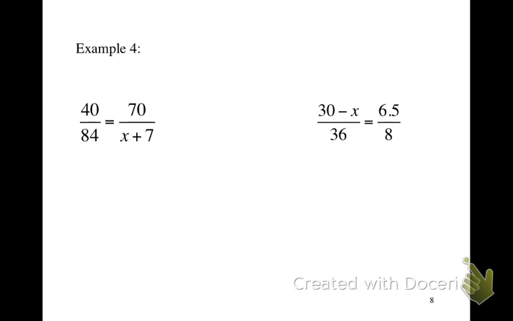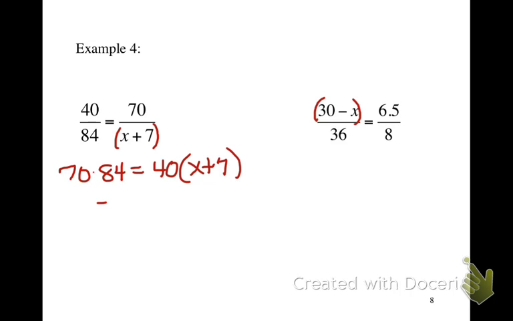Okay, let's just practice using the cross product rule, and in this case you'll have to use the distributive property because in the denominator here you have an expression, and in the numerator here you have an expression. So when you set this up, it doesn't matter which goes on which side of the equal sign. So, okay, when you evaluate 5,880, and then you have an expression here which will then form a two-step equation.